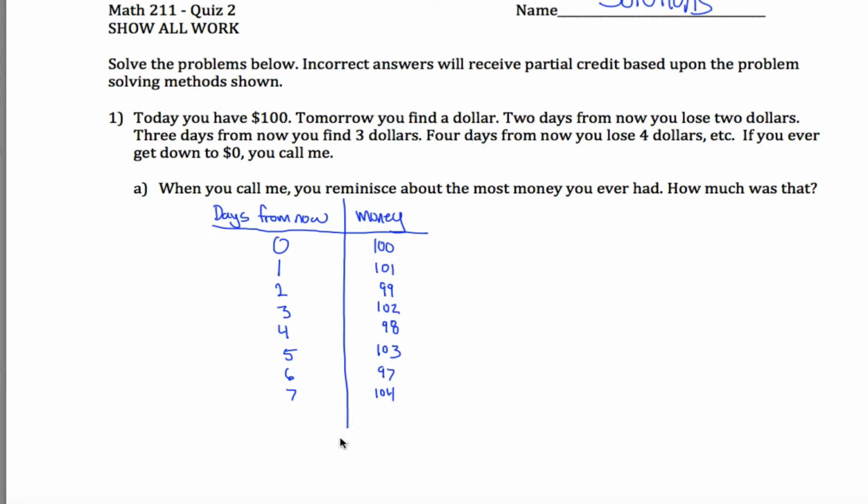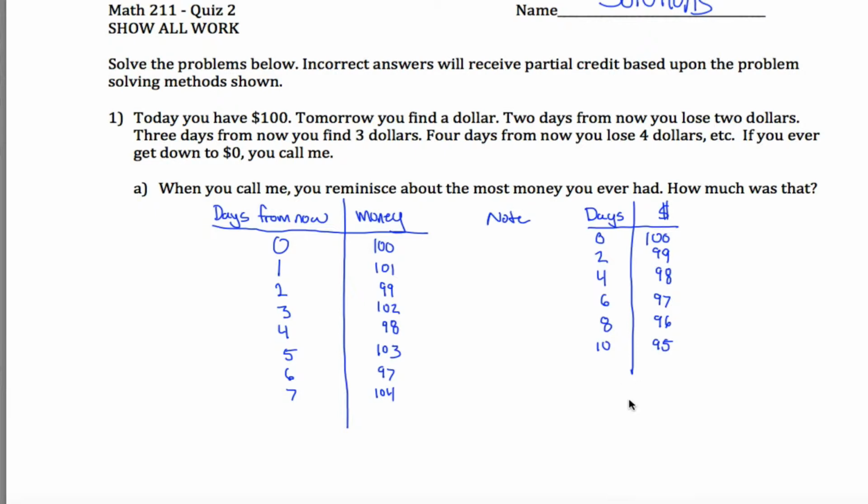So I guess the first question is, when do you ever get down to 0? Well, note, if we just look at the even numbered days, 0 days from now you got $100. 2 days from now you're down to 99. 4 days from now, down to 98. 6 days from now, you're down to 97. 8 days from now, you'd be down to 96. 10 days from now, you're down to 95, and so on.